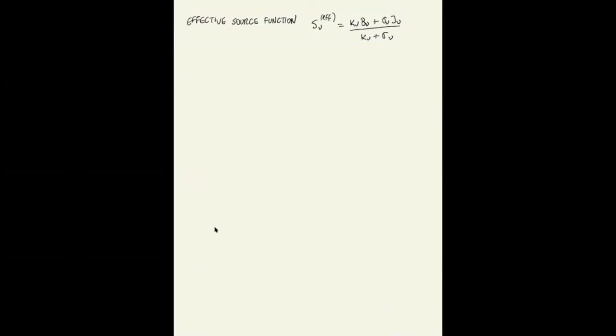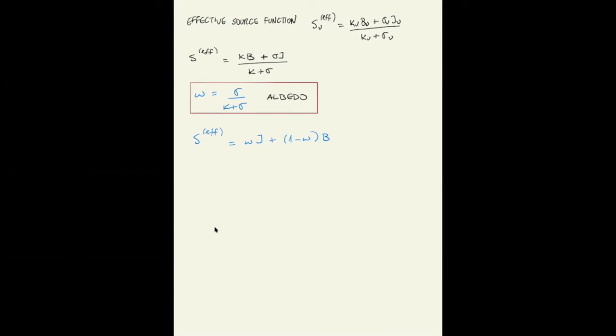Now, let me again drop the frequency subscripts for clarity. And see here that you can define a quantity so that you can cast the source function in terms of this quantity. So this quantity relates the scattering to absorption and is called the albedo, the same albedo that I had heard before, which is the scattering over the extinction.